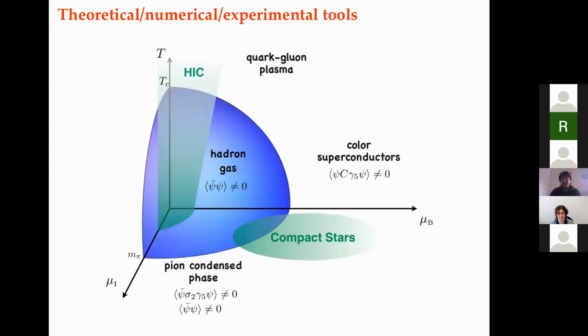If we plug heavy ion collisions and compact stars in the QCD phase diagram, we have this kind of picture. There's some kind of isospin asymmetry in compact stars because we have more neutrons than protons, for example. Also, we have electrons to make things neutral, and we can even have strangeness if we're populating hyperons, for example. There is a famous hyperon puzzle for compact stars. Anyway, these are the possible phases.